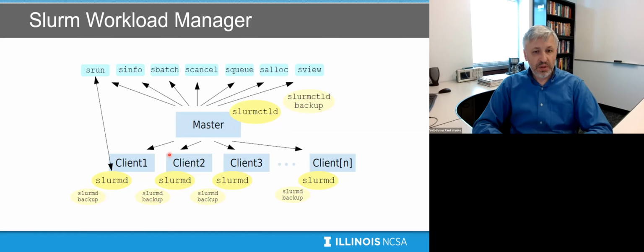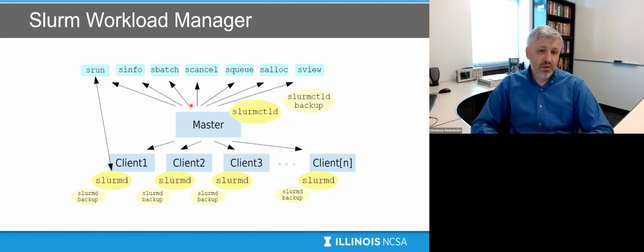In order to accomplish this, we actually have to run a workload manager. And so we run a SLURM workload manager, whose purpose is to allocate resources and ensure that those resources are isolated only for you for the duration of your request to access those resources. There is a collection of tools which come with SLURM, such as SRUN, SINFO, SBATCH, and so on, that you can use to request resources.